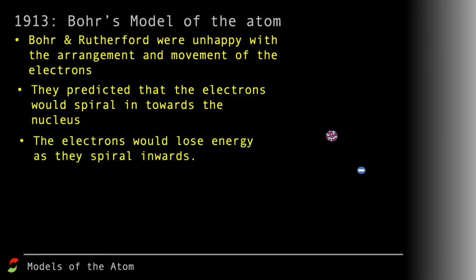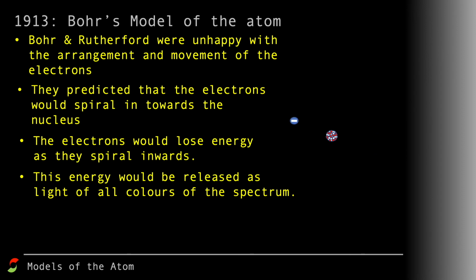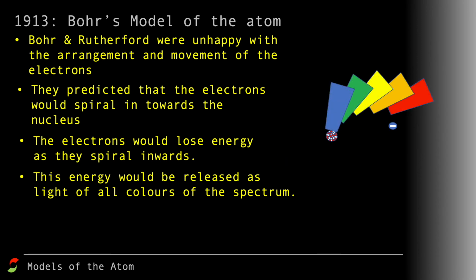And the reason why we know it's not correct is that as these electrons lost energy and spiral inwards, the energy that they lost would be released in other forms. And it was thought that they would release that energy in the form of light. And what would happen was that as they spiraled inwards, they would emit a continuous spectrum of colours.